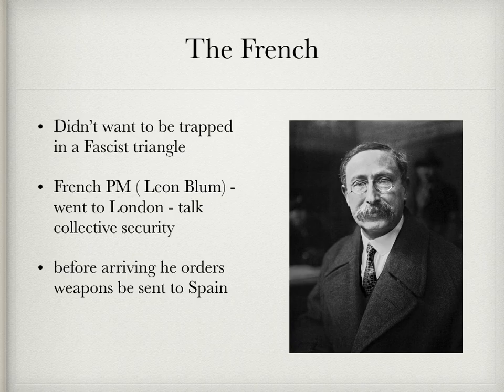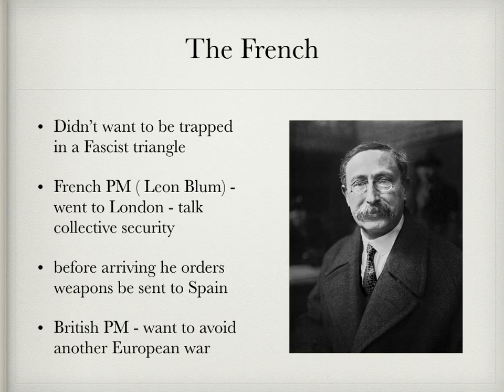Now, before arriving in London, the French Prime Minister orders that weapons be sent to Spain. Obviously, they want to support the Republic. But the British Prime Minister wants, at all cost, to avoid another European war and feared it could start in Spain. So the British Prime Minister is going to put a lien on Léon Blum to stop that shipment of supplies to Spain.